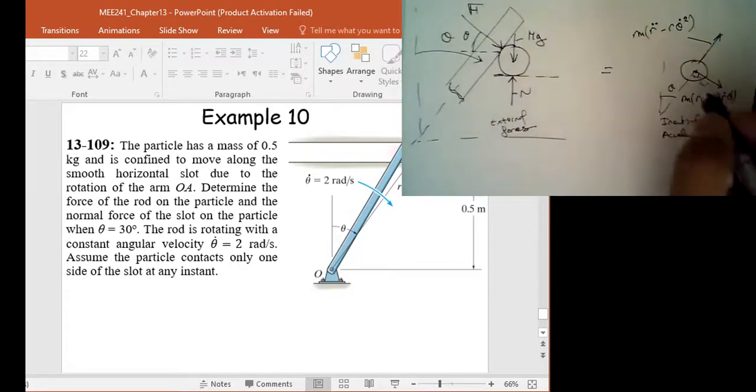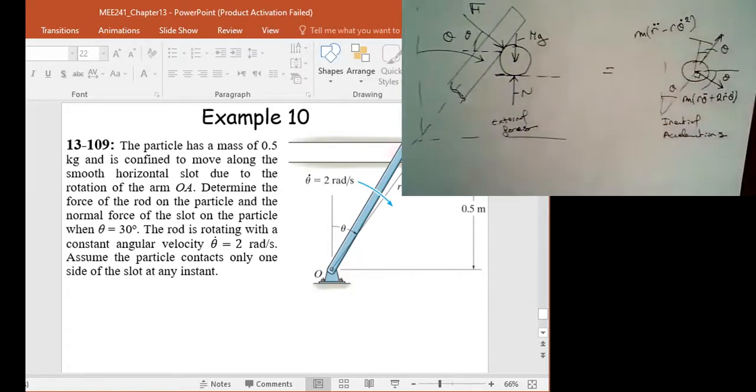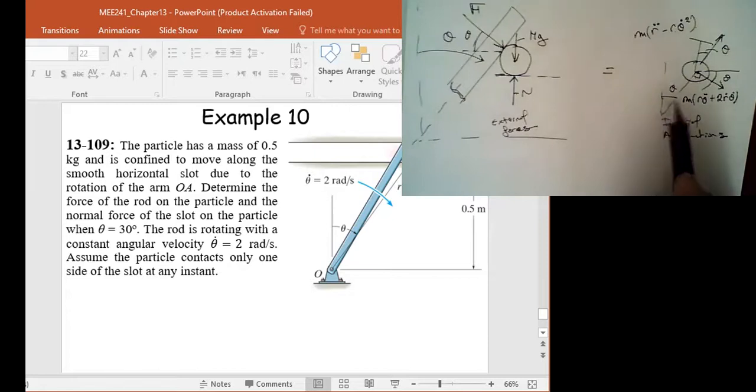If this angle is theta, this angle has to be theta. You just need one angle for each vector with respect to either the vertical or the horizontal, right? You just need one angle because you could either take the sine or the cosine. So instead of this angle, I could look at this angle, and then that's it. I wouldn't need to put the other angle.